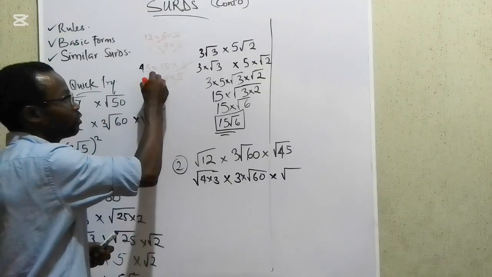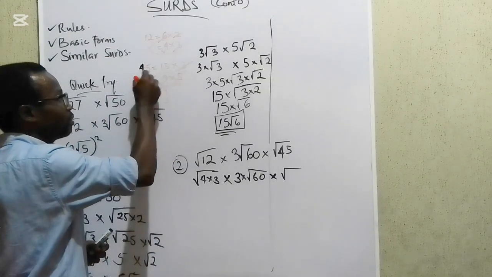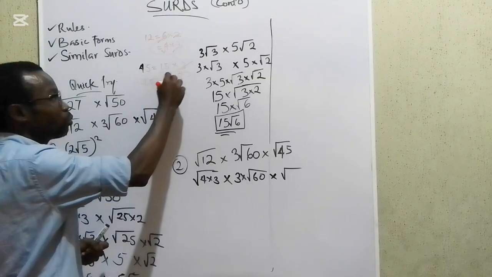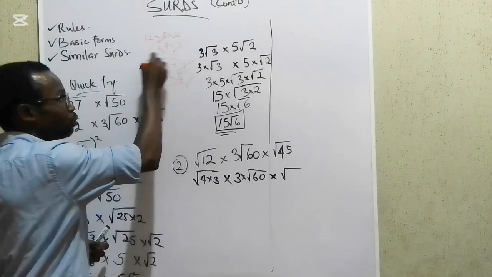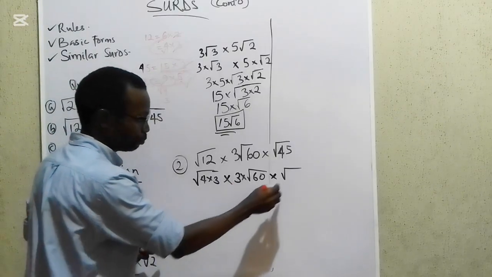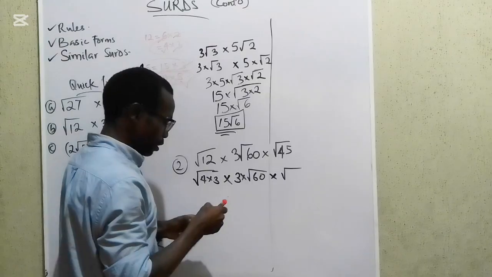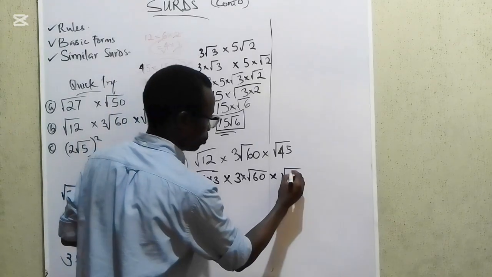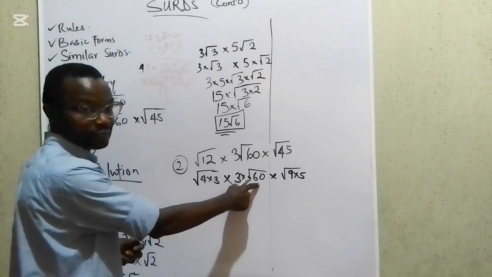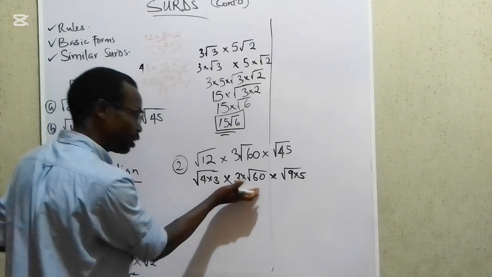So 45, which is 9 times 5, is what we're going to use, not the other, because none of those has a perfect square root. So we'll come here and change this 45 to 9 times 5. Remember, I've not done that today. I've done that deliberately so that we take this step.